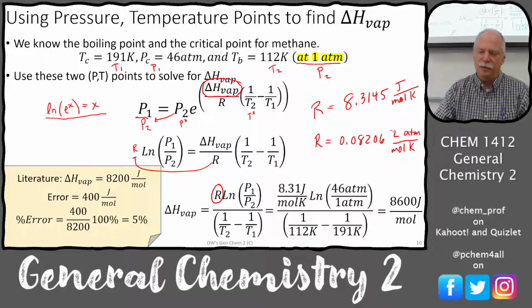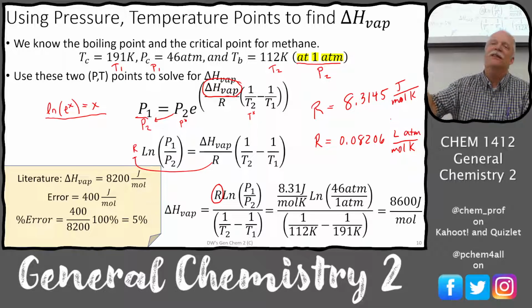And so a liter atmosphere can be converted into a joule by multiplying by the conversion from atmospheres to pascals. So you get 101.325. And if you take 0.08206 times 101.325, you get 8.3145. Okay, so it's just a conversion of units from liters atmospheres to joules through pascals. You get one constant converted into the other.